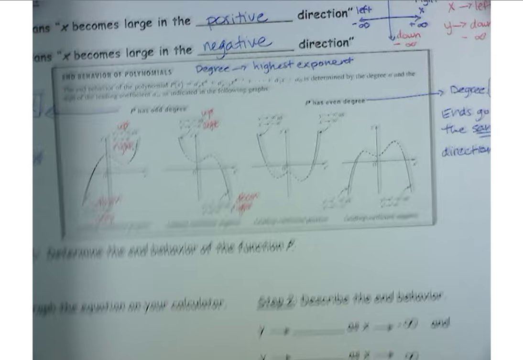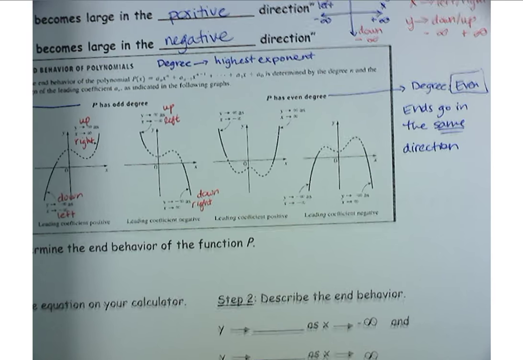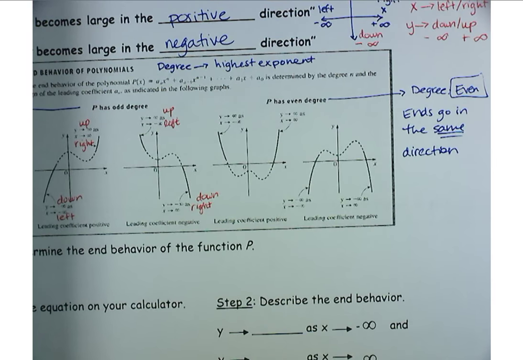So if the degree is even, the ends are going to go in the same direction. Now what I want you to do is there is a little bit more information that we haven't talked about in that box. There are little statements written underneath each graph. I want you to read those little statements and see if you can find one more pattern.